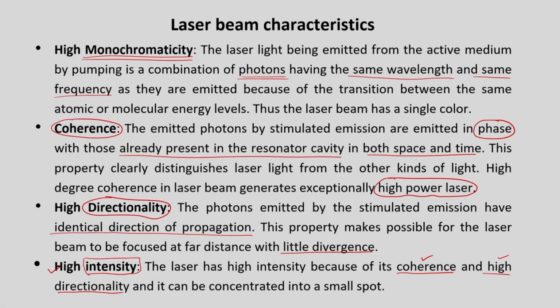The power density is much higher because we can concentrate on a very small spot. So, when coherence is there and high directionality is possible, the beam can be concentrated into a small spot, which generates highly intense laser power.